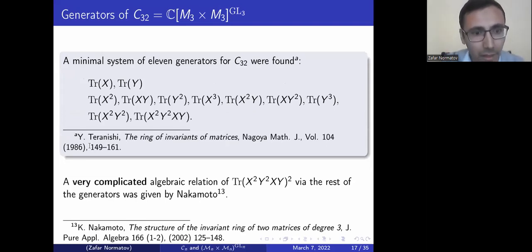In 1986, Teranishi found the following 11 generators, and they form a minimal system of generators for C32.